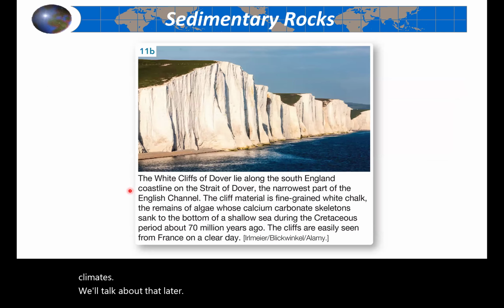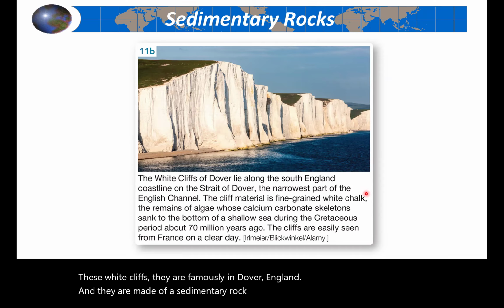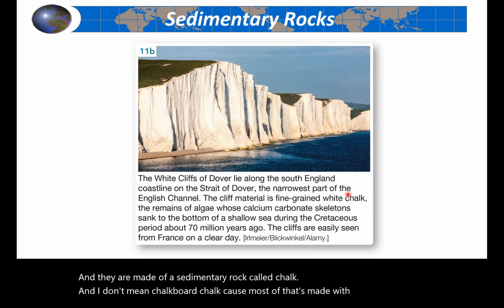Here's an example of a sedimentary rock. These white cliffs, famously in Dover, England, are made of a sedimentary rock called chalk. And I don't mean chalkboard chalk, because most of that's made with clay. This is chalk.